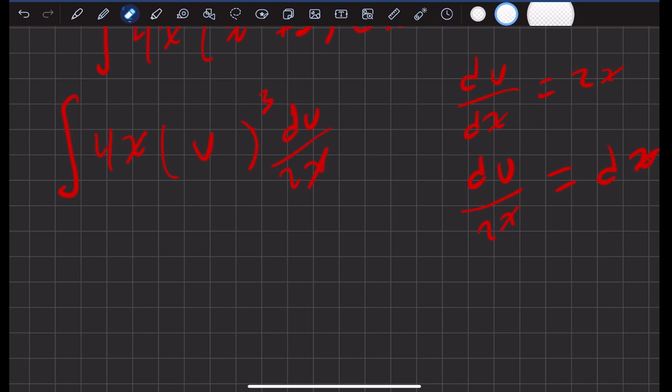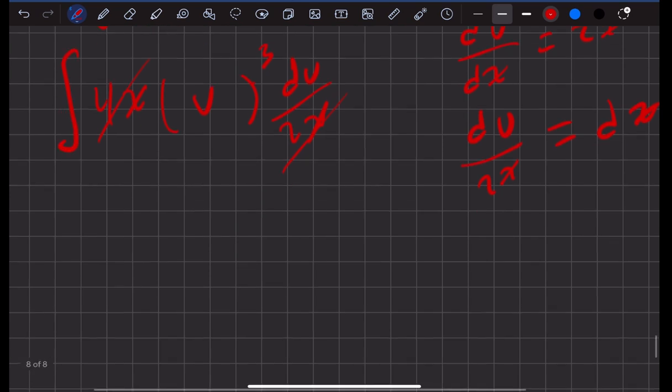So du over 2x, and then we have 4x. We can cancel those out and put them on the outside of the function. So we get rid of x. So 4x divided by 2x is 2, but since it's a constant, we just put it outside of the function. So we have 2 integral of u cubed du.